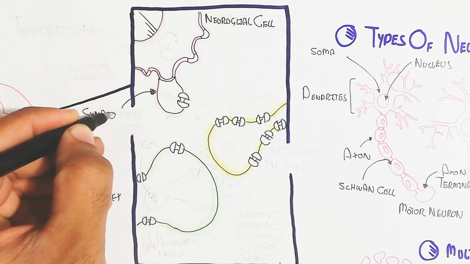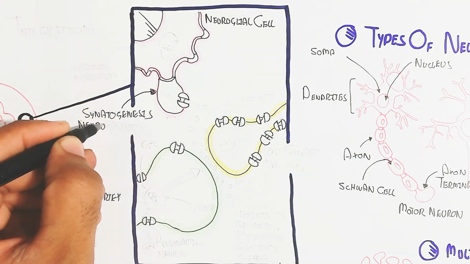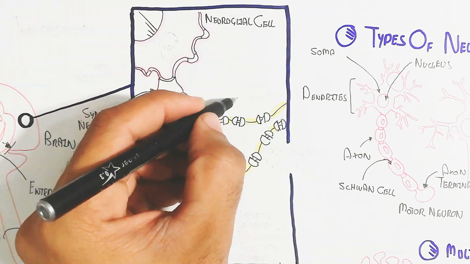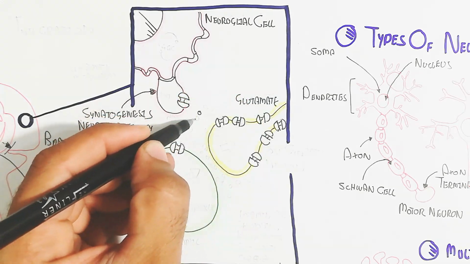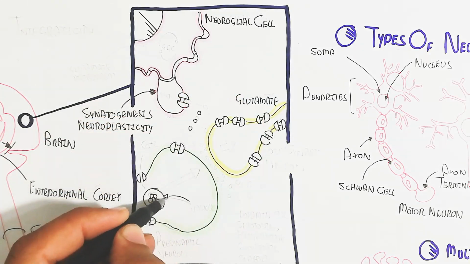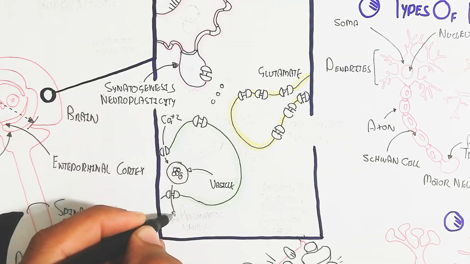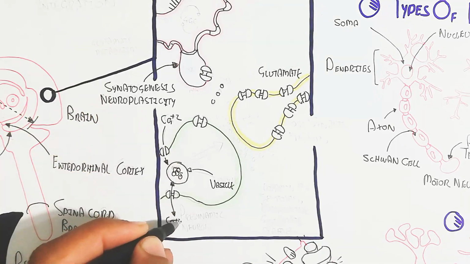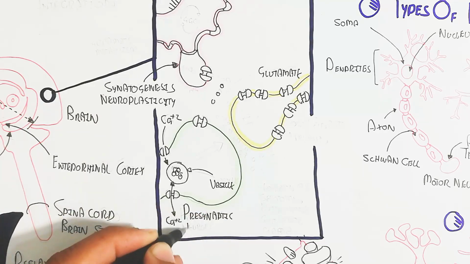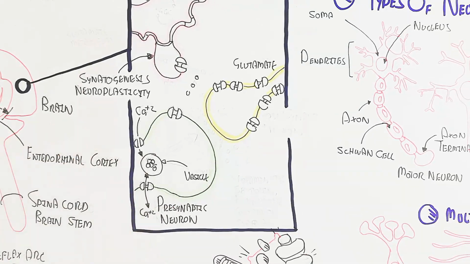something as a participant, or other synaptogenesis. In this way, the neuroglial cell, and this is the presynaptic neuron and postsynaptic neuron. This presynaptic neuron contains vesicles that are exocytosed. The neurotransmitter will bind with the receptor on the postsynaptic neuron.